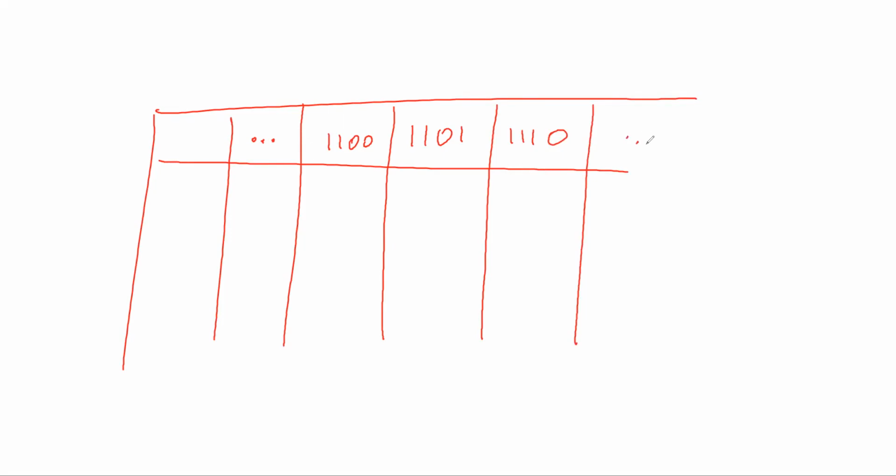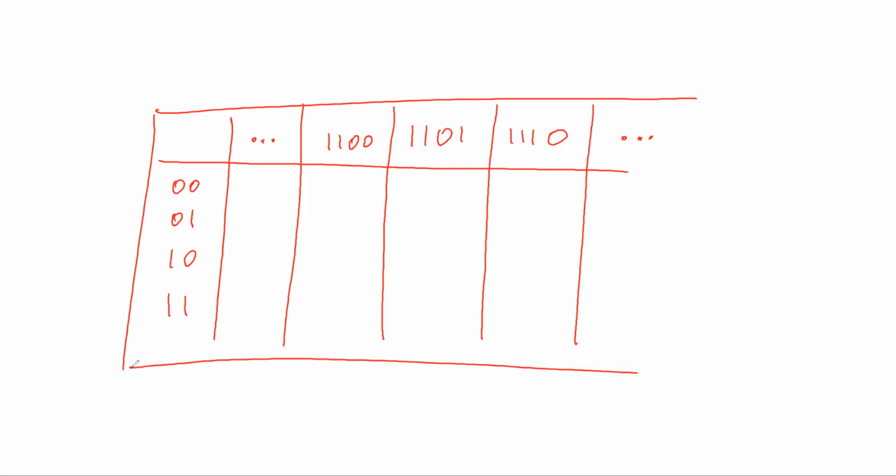And these tables are big, so they have a lot of information in them. And then over here we also have 0001, 1011.